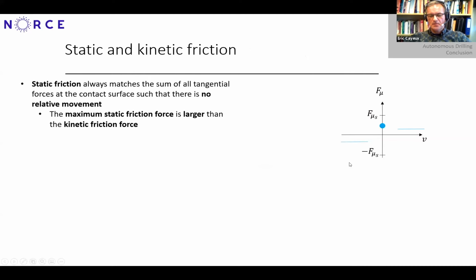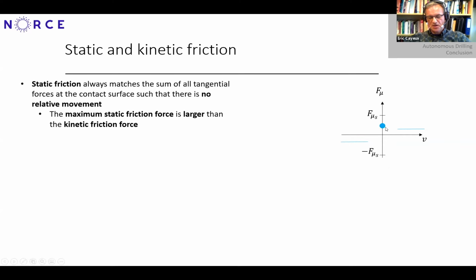Okay. Now, friction in wells is quite a difficult topic because it introduces a lot of non-linearity. If you look at static friction, when the two surfaces are not sliding relative to each other, the static friction is any force which is between plus and minus a maximum static friction force.